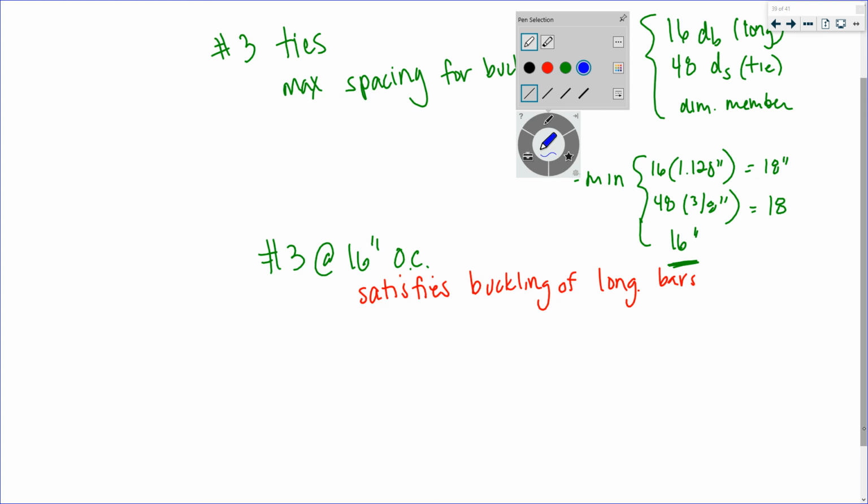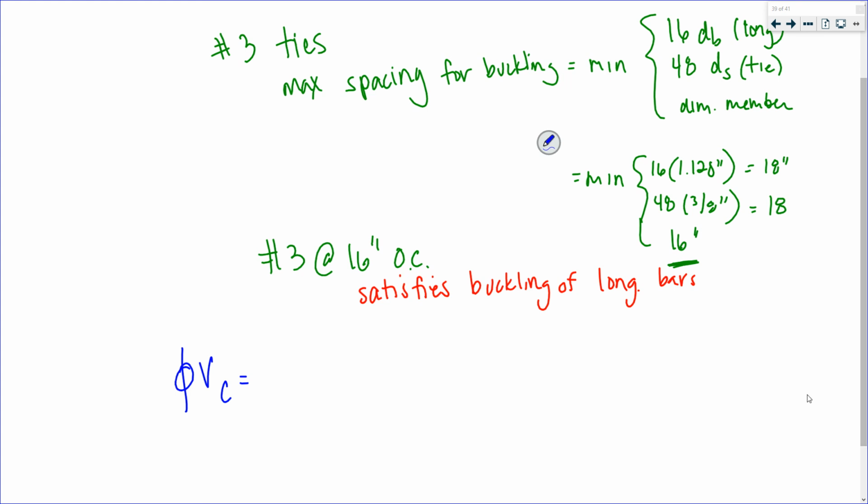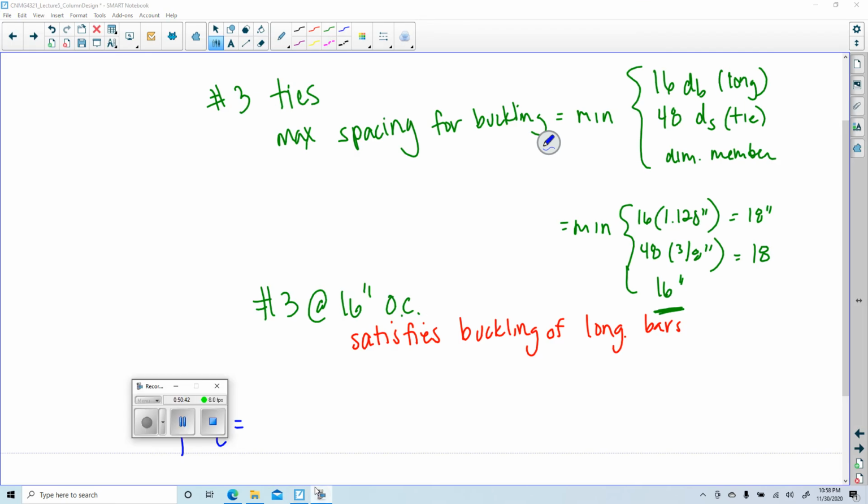This is just like, this is going to be just like beams.